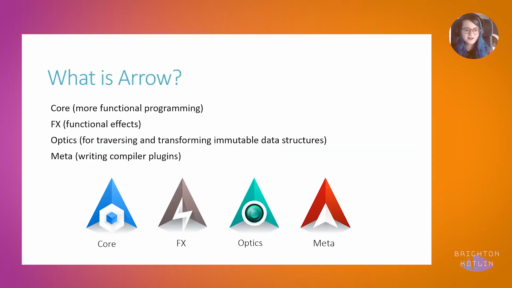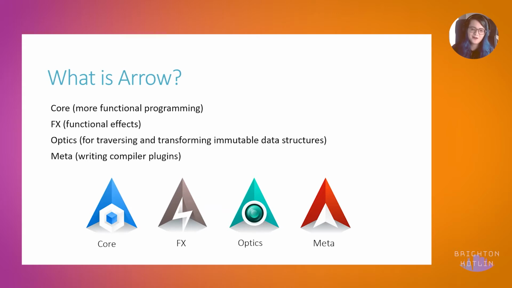Actually, Arrow consists of multiple parts: core, effects, optics, and meta. Core is basically more functional programming. Effects helps you to compose asynchronous and concurrent programs.